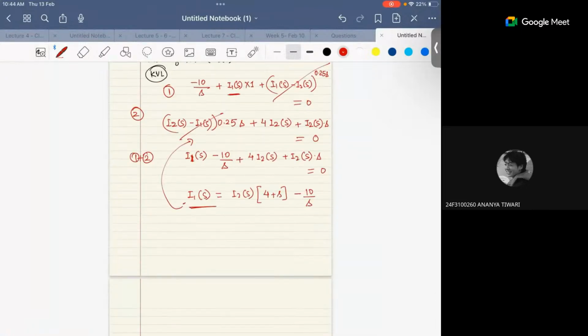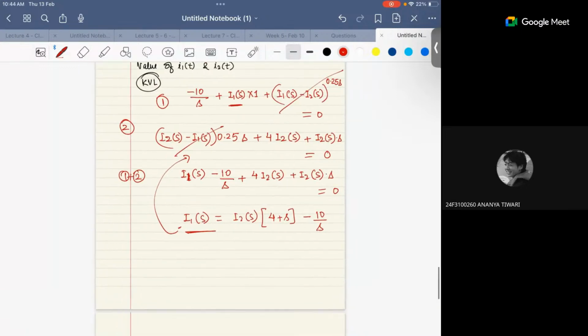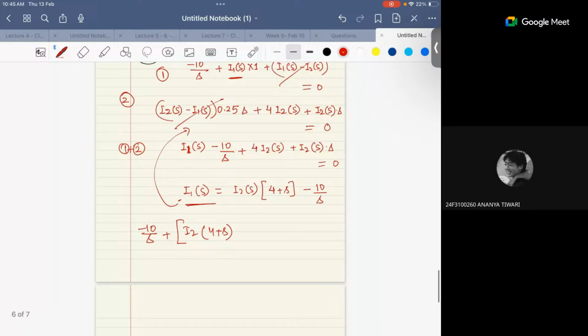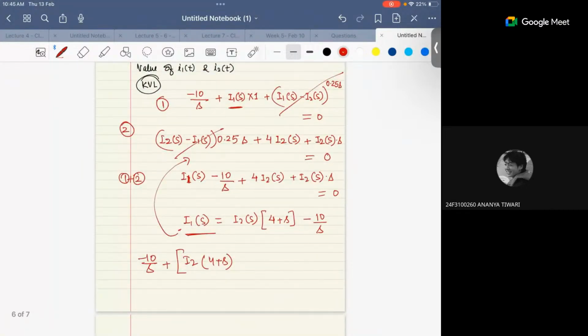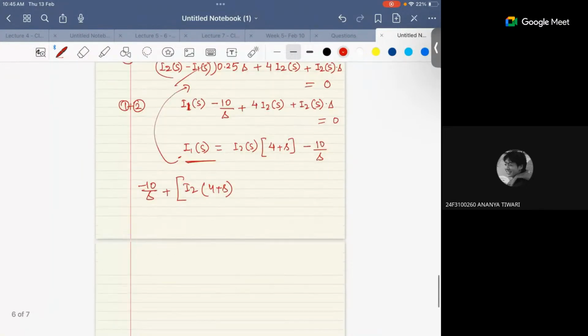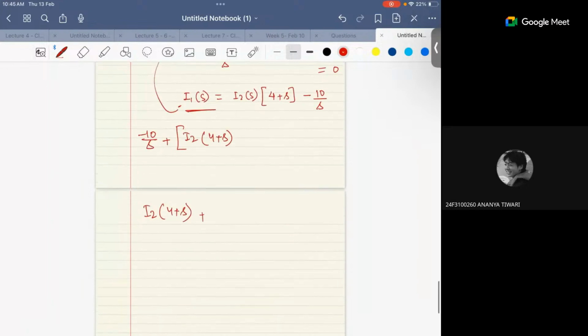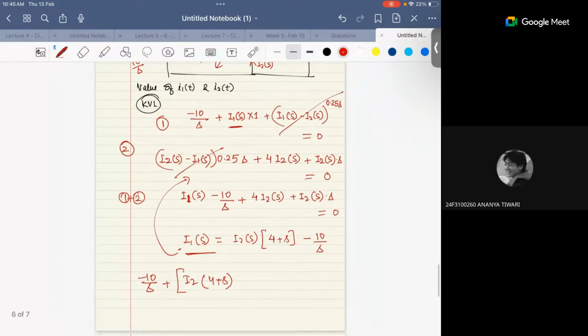If I write I2 here, this will get cancelled out, right? So we'll be left with I2 times 4 plus S, plus I1 minus I2.